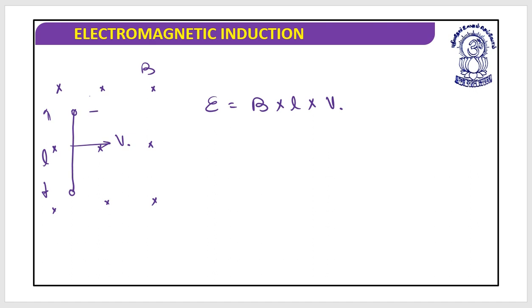If it has been pointed down, then you will understand that this end, the upper end, let's call it C, and this end D, then the upper end C will be on the side of the thumb. So when C is on the side of the thumb, it will look like this. This is the motional EMF, and this battery will behave with the value of E equal to BLV. I hope this is clear.